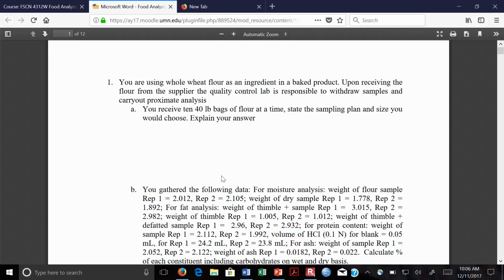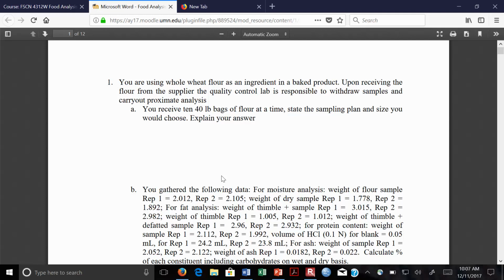So if you have 100 bags, are you going to test all of them? No. So what would you usually do if you want to randomize? You could just use a random number generator, and each bag that's randomly chosen is tested in different ways.